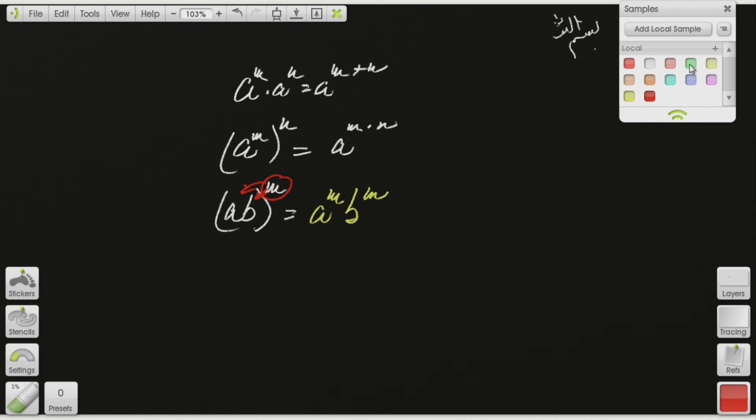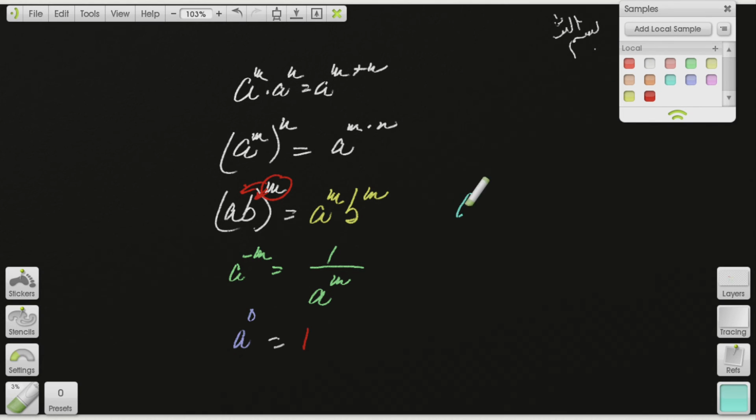Okay, and then we have a to the negative m, negative exponent, 1 over a to the m. Fair enough. And then we have a to the 0 equals a big whopping 1. This is always usually very helpful and welcomed.